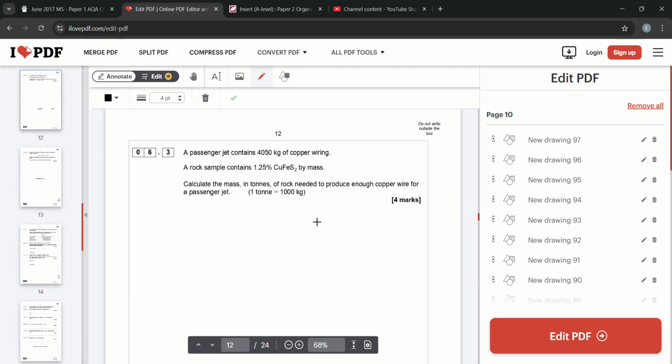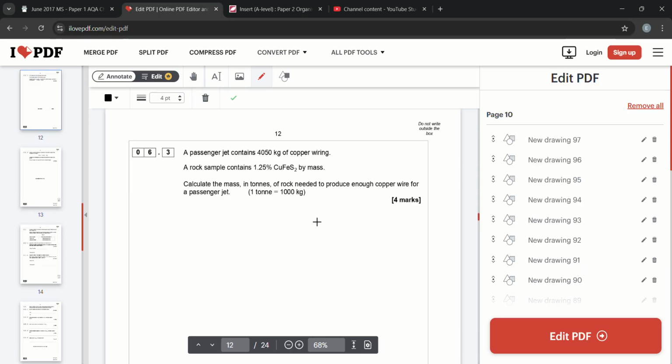6.3. A passenger jet contains 4,050 kilograms of copper wiring. A rock sample contains 1.25% of CuFeS2 by mass. Calculate the mass in tons of rock needed to produce enough copper wire for a passenger jet.